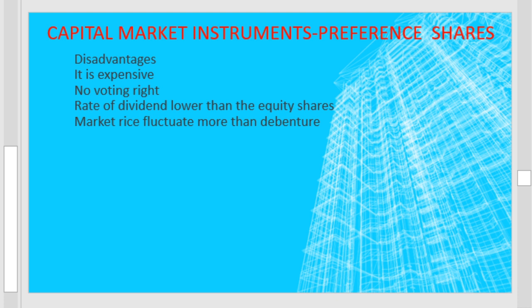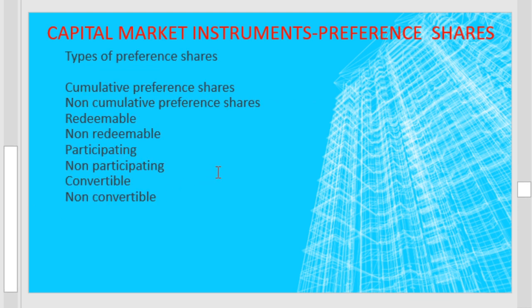Now we want to see what the different types of preference shares are. The first one is cumulative preference shares. When unpaid dividends on preference shares are treated as arrears and are carried forward to subsequent years, such preference shares are known as cumulative preference shares.